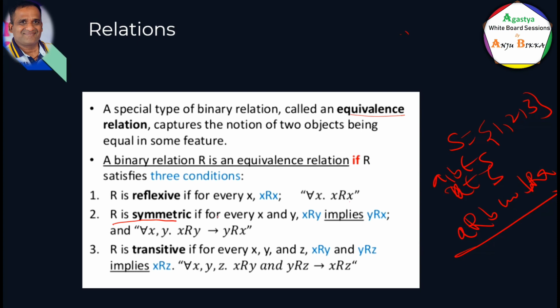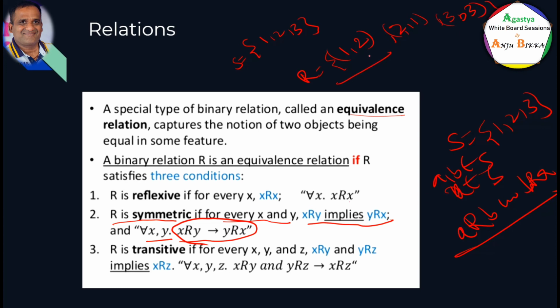R is symmetric if for every x, y, xRy implies yRx. What does that mean? Here in the same case, we have the relation (1,2), (2,1) and (3,3).